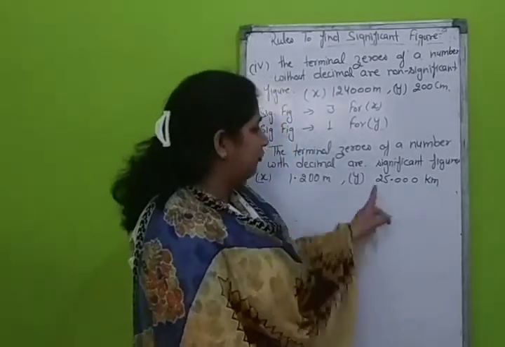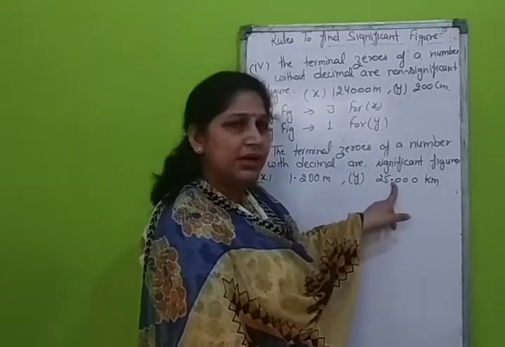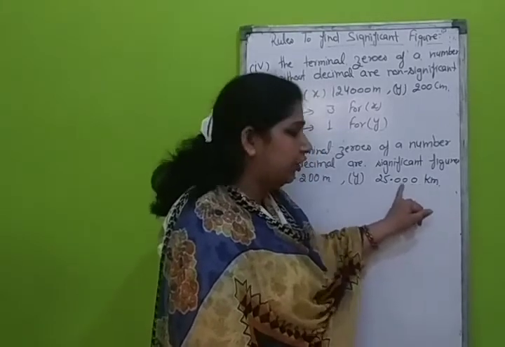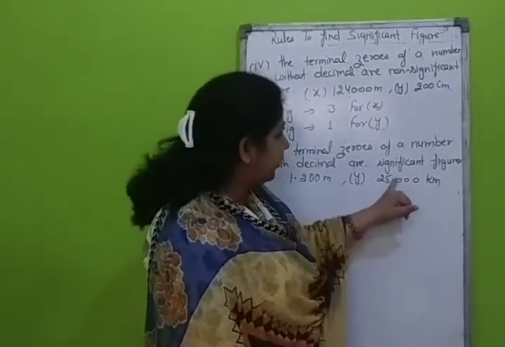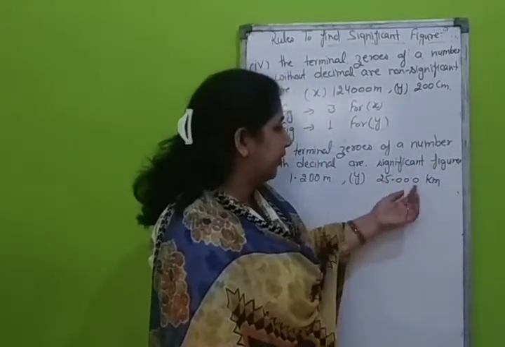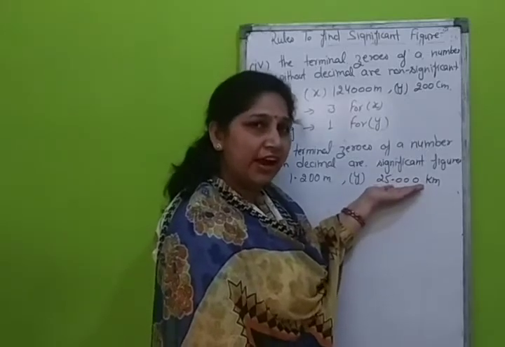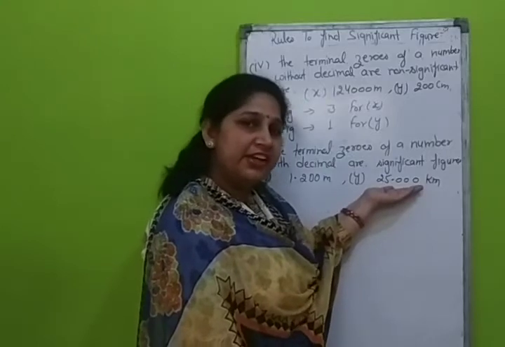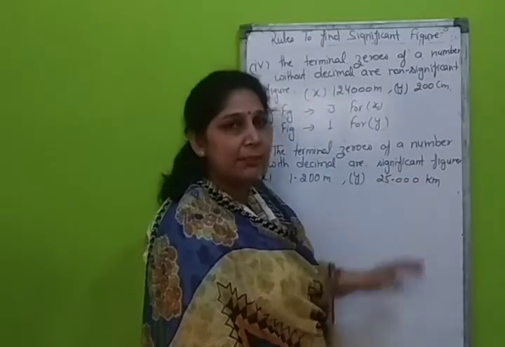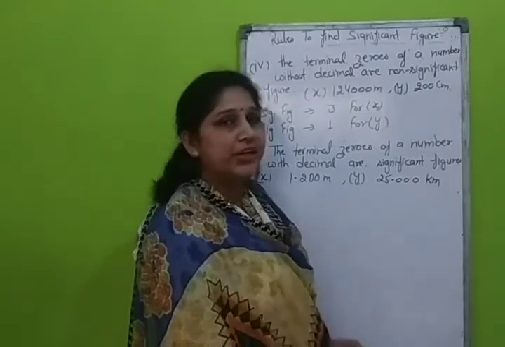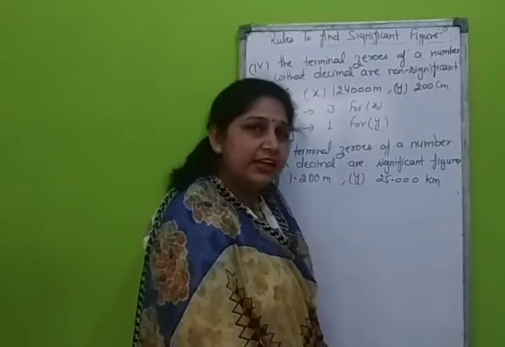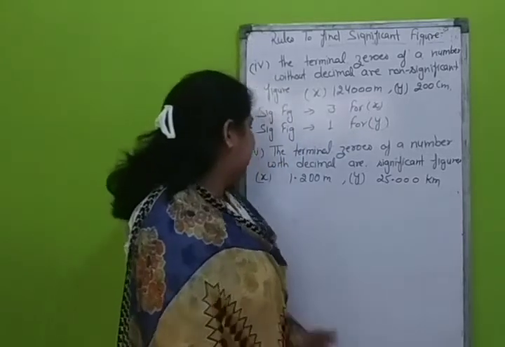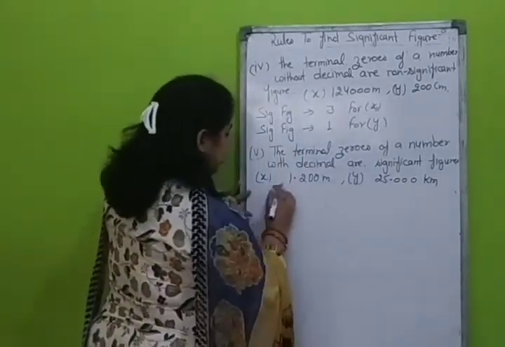Because if we had not put the decimal, there would be no need for zeros, but we put the decimal and write the zeros, which means we found these zeros with the help of a device that can measure 3 places of decimal in kilometers. That's why we found 0 in that place and have written it. It means they are significant figures.